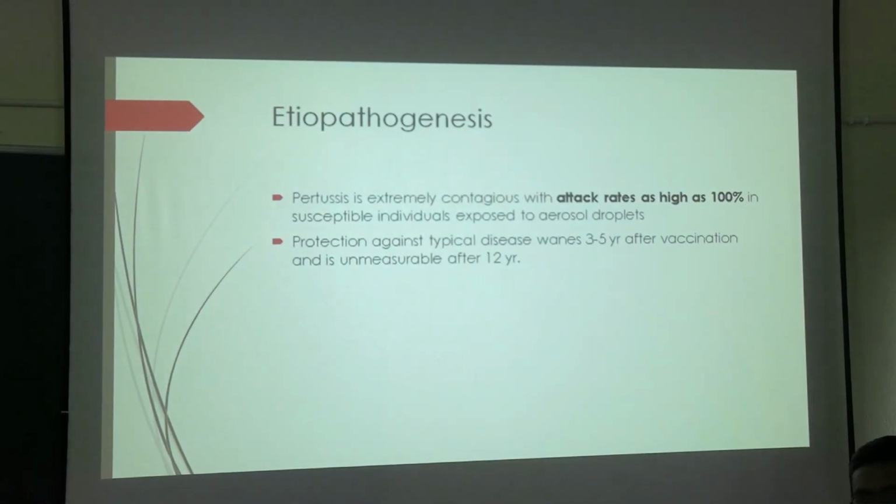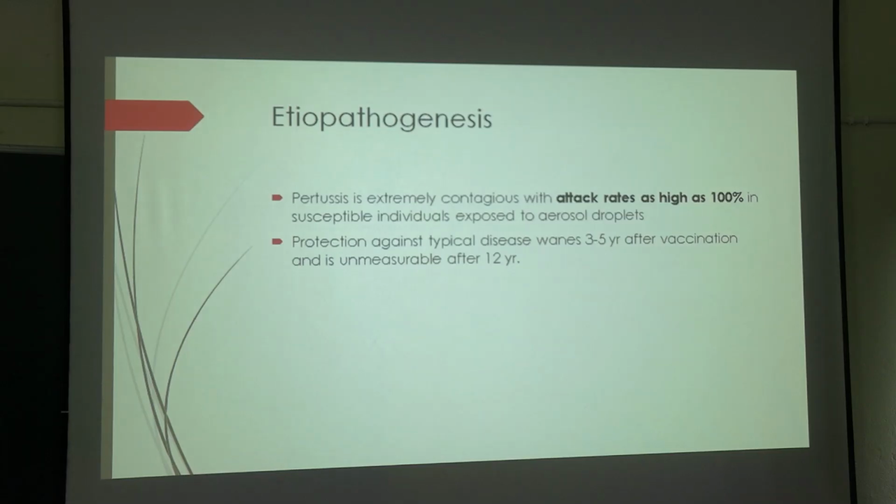What is the significance of this? As per the National Immunization Schedule, when was the last pertussis vaccine given to you? Is it given at 10 years? No, DPT is not given at 10 years. What is given at 10 years? Td. Earlier TT was given, now Td is given. So the last vaccine you have taken in the National Immunization Schedule was at the age of 5 to 6 years, DPT.